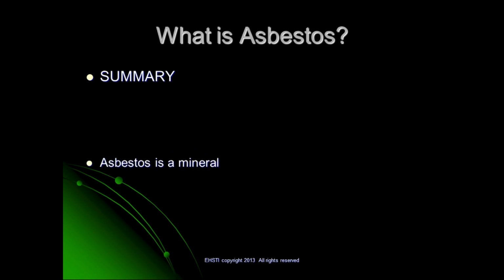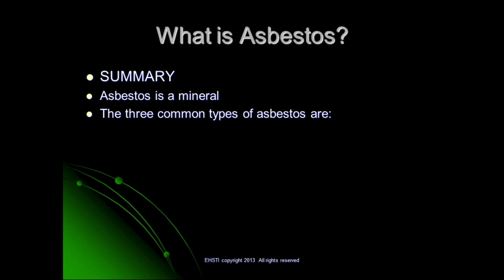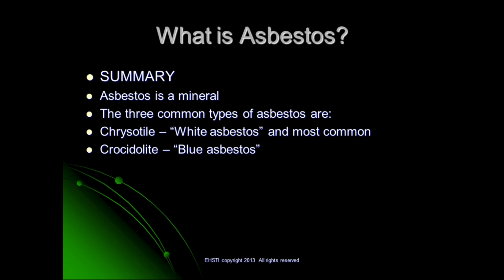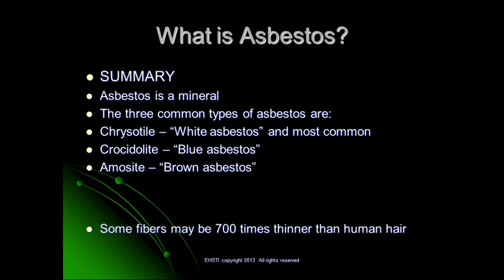In summary, asbestos is a mineral. 3 common types of asbestos are chrysotile, known as white asbestos and the most common found in building products; chrysotolite, known as blue asbestos; and amosite, known as brown asbestos.